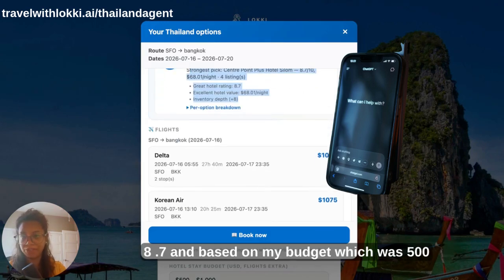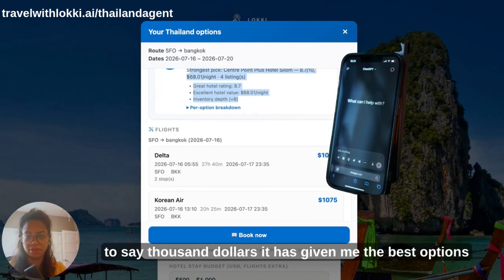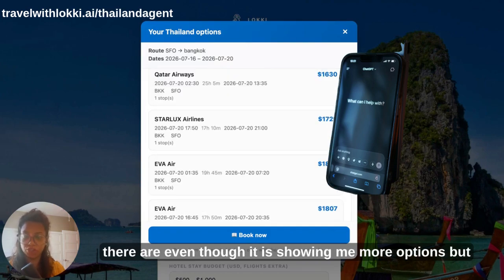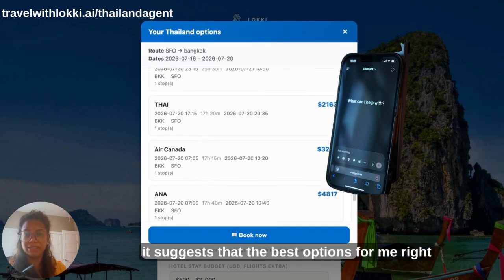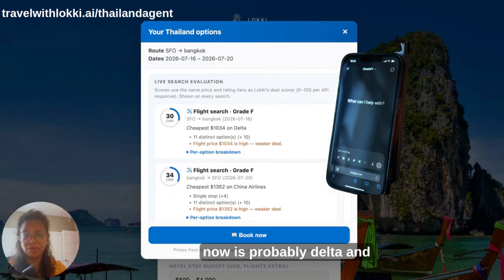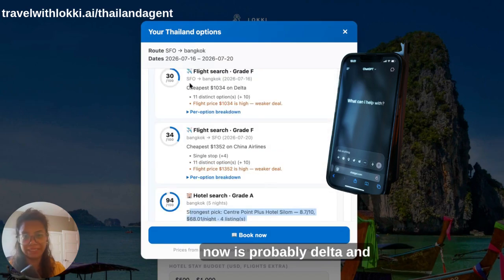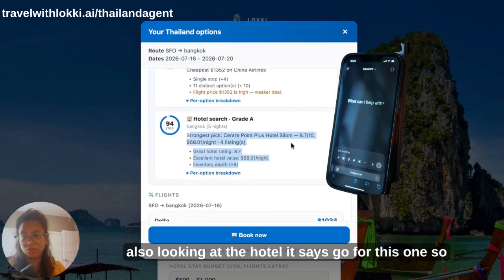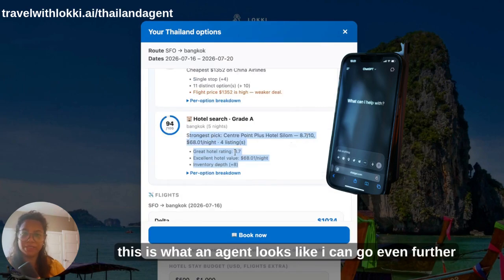And based on my budget, which was 500 to say $1,000, it has given me the best options there are. Even though it is showing me more options, it suggests that the best option for me right now is probably Delta. And also looking at the hotel, it says go for this one. So this is what an agent looks like.